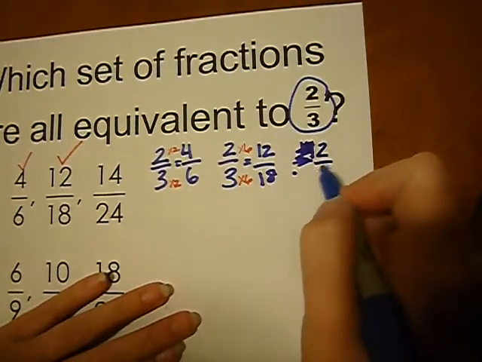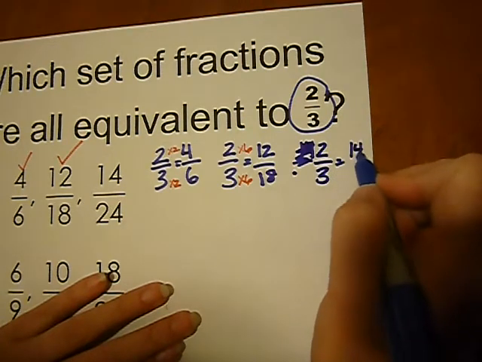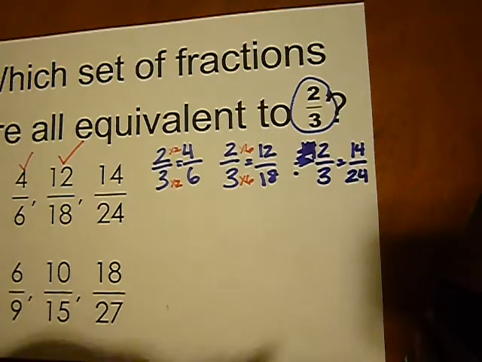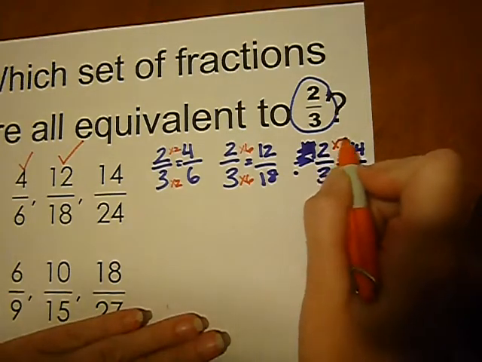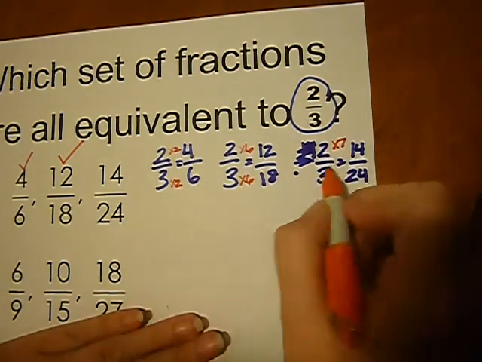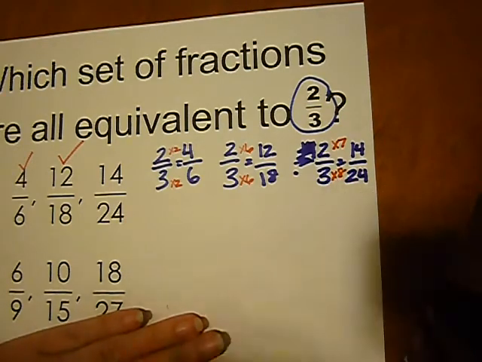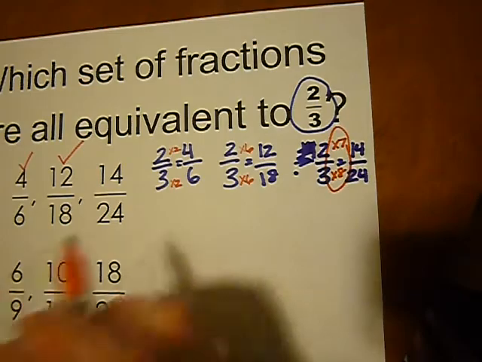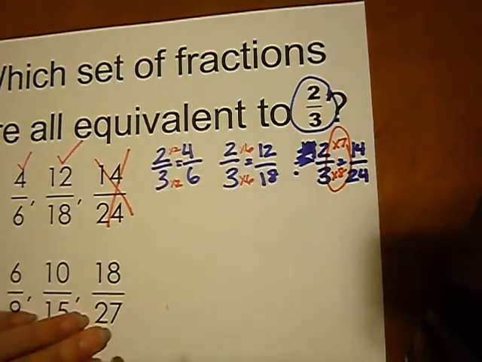Let's see, 2/3 equals 14/24. And I'm going to check for my multiplier. 2 times 7 would be 14, but 3 times 8 would be 24. These do not match, so this one is not equivalent.